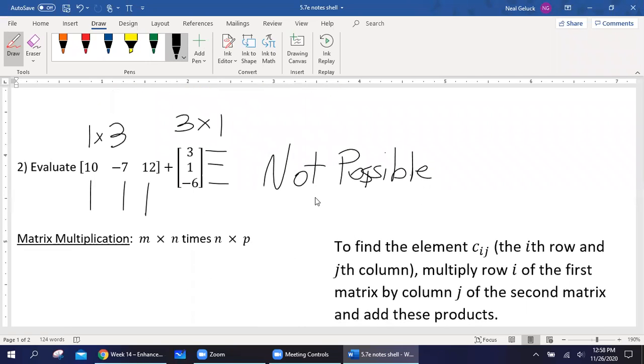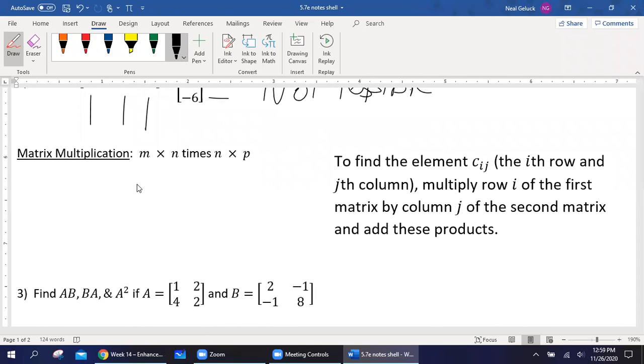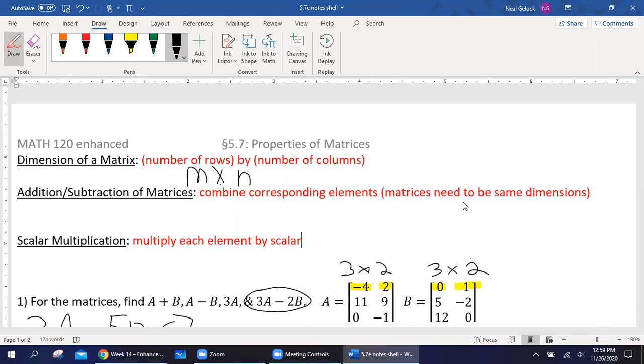Matrix multiplication is where things get funky. So let's say I have a matrix that has dimension m by n, and another matrix that has dimension n by p. To be allowed to multiply the matrices together, it is not the same thing as up here where they have to have the same dimensions.